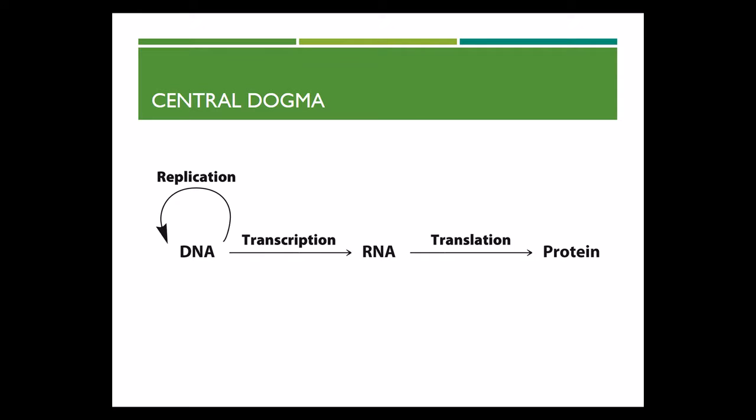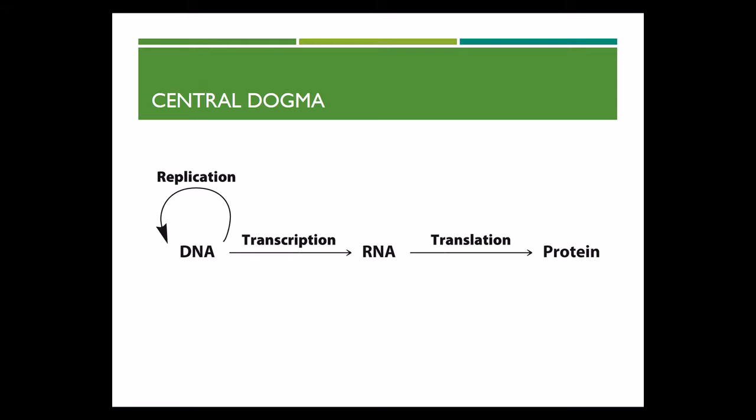Now is a good time to review the central dogma of molecular biology. The complementarity of the two strands of DNA is essential for its function as the storehouse of genetic information, since its information must be copied or replicated for each new generation.